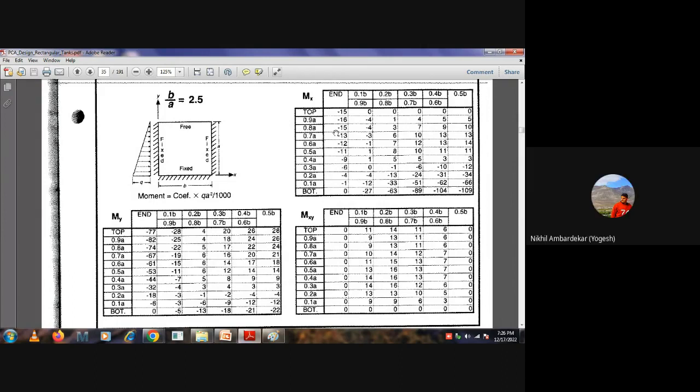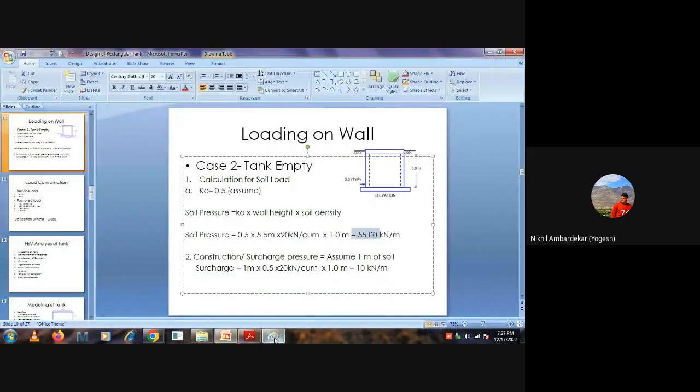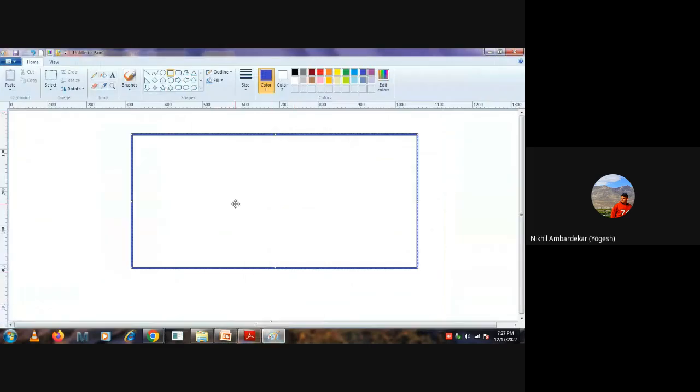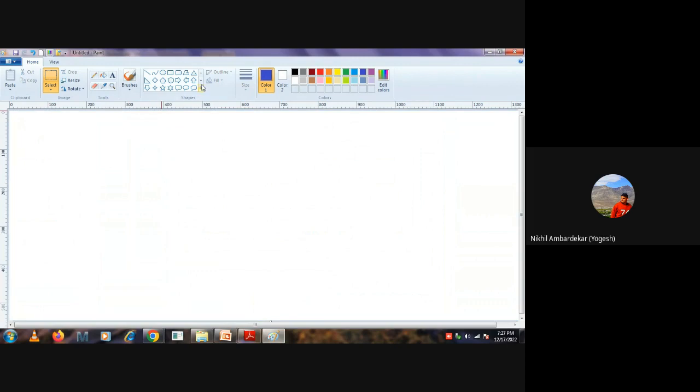Correct, 112.75. This way we get all the bending moments. I hope you have written down all these values. If not, that's fine.